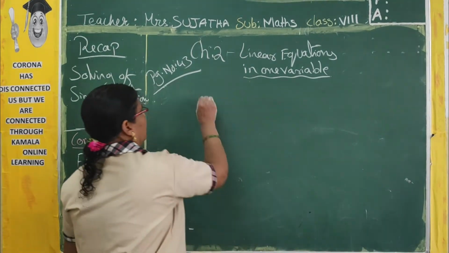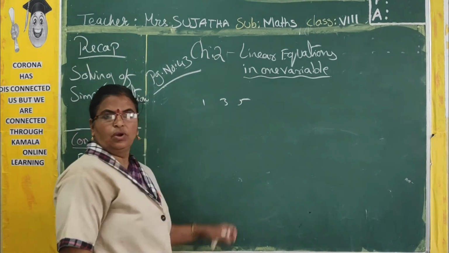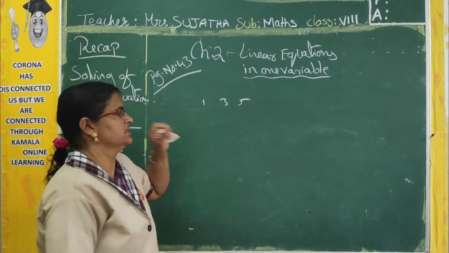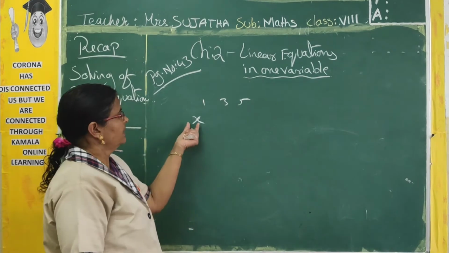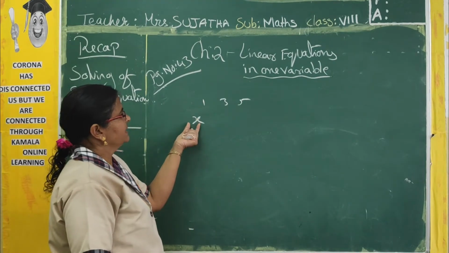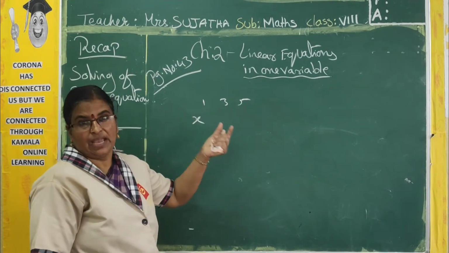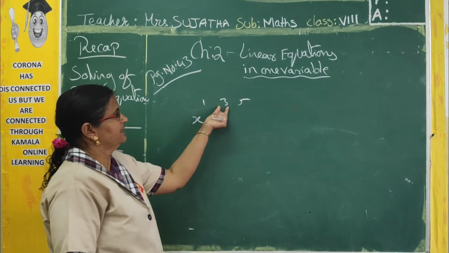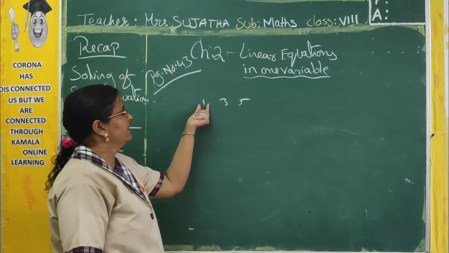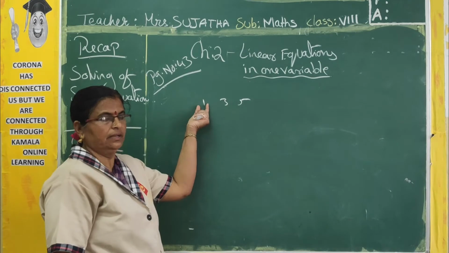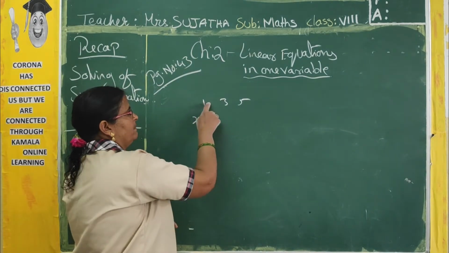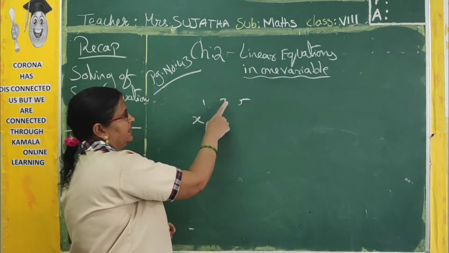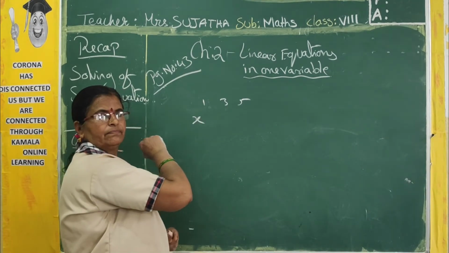See, 1, 3, 5. So what is the formula for odd numbers? Suppose I take the first number as x. For x, what number do I add to get the next odd number, 3? We add 2: 1 plus 2 is 3.